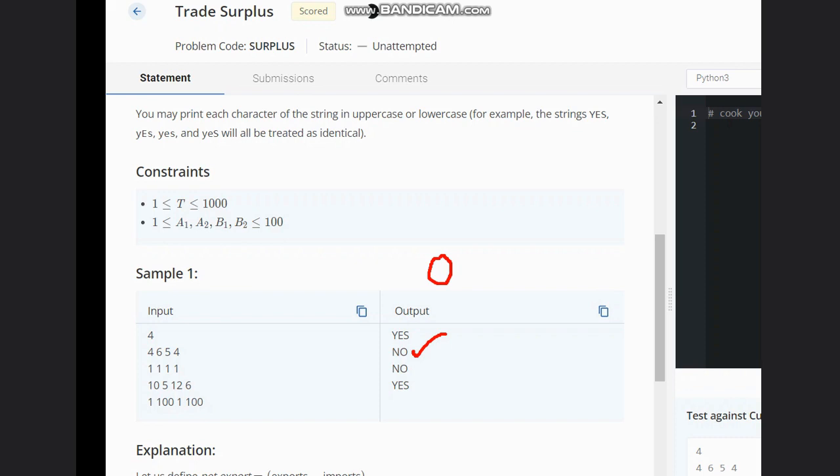Now we take another example. It is 10, 12, 5 and 6. So here we first do 10 minus 12, which is -2, then 5 minus 6 is -1, and we add both of them.